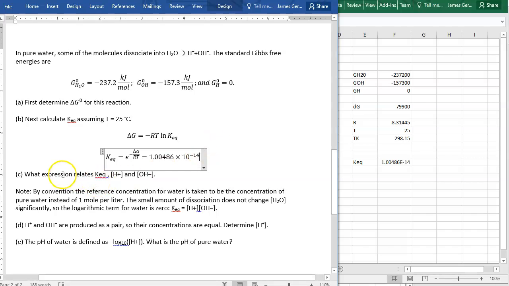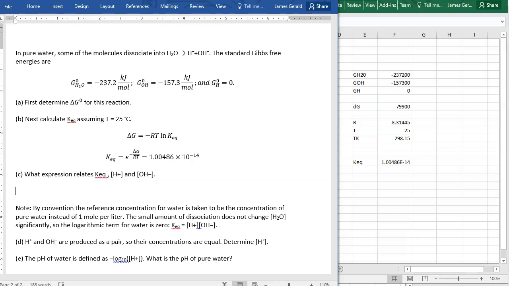Now we need an expression that relates this equilibrium constant to our concentrations. One of the things you have to pay attention to is that while the reference concentration for all of our solutes is 1 mole per liter, you can't do the same thing for the solvent H2O. The molar concentration of H2O is about 55.5 moles per liter, but that doesn't change much.